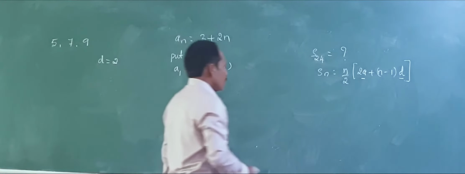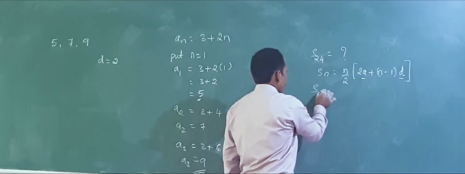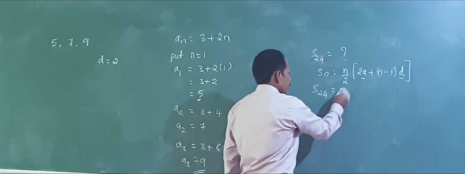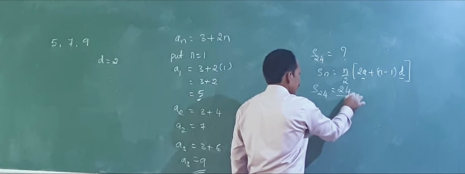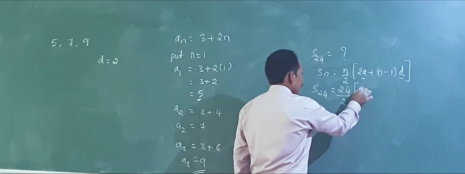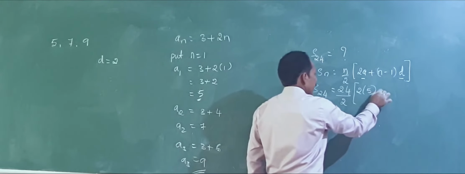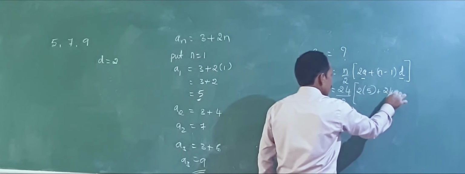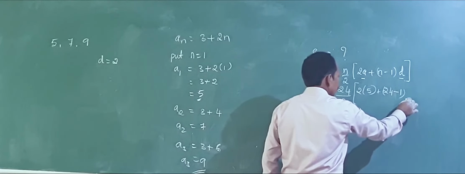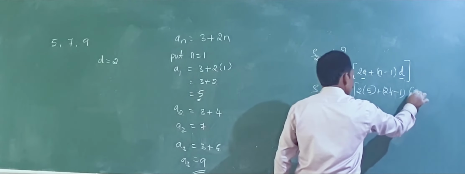So S24 will be, substituting, 24 divided by 2 into 2a, where the first term is 5, plus, we have to find 24 terms, so 24 minus 1 into d, which is 2.